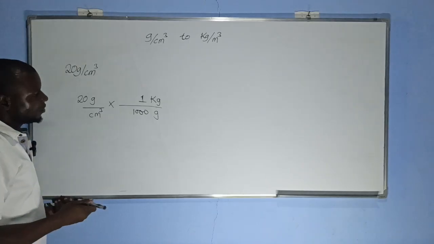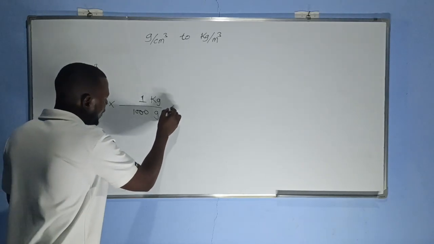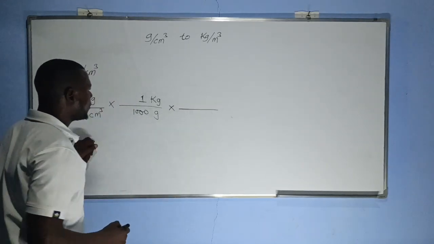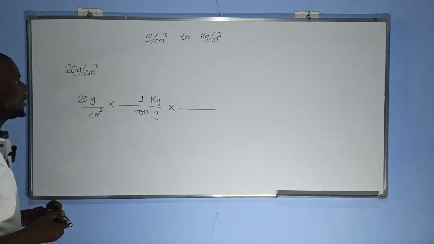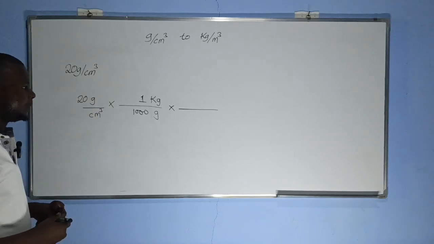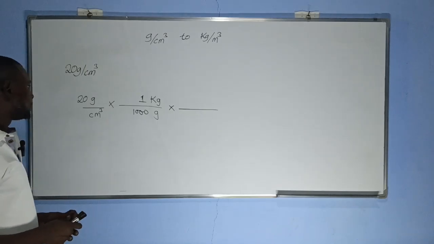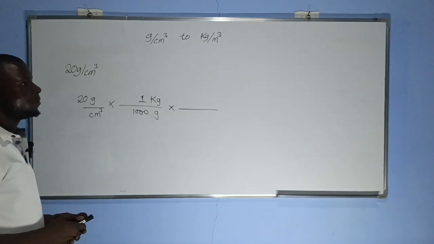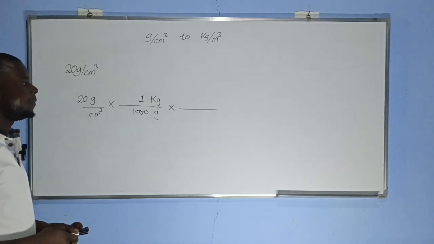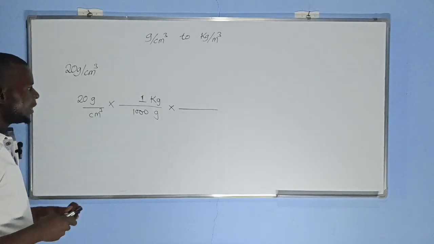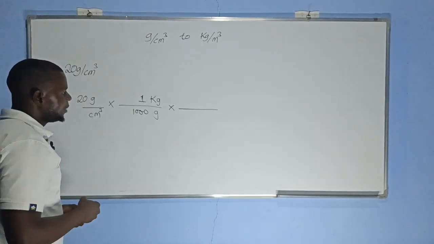After doing this, we need to introduce another step so that it can help us convert from cubic centimeters to cubic meters. Now, it may be difficult for you to know how many cubic centimeters are there in 1 cubic meter. So I would rather you use this method, which is simple.